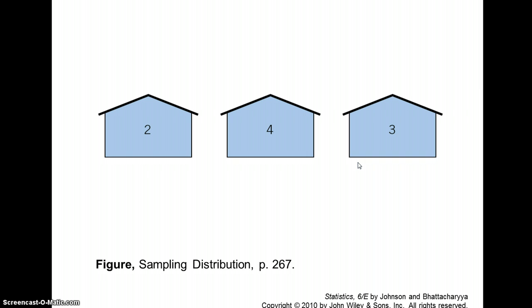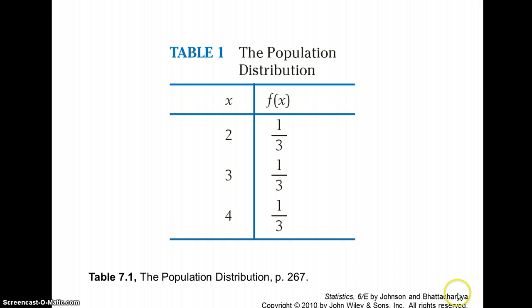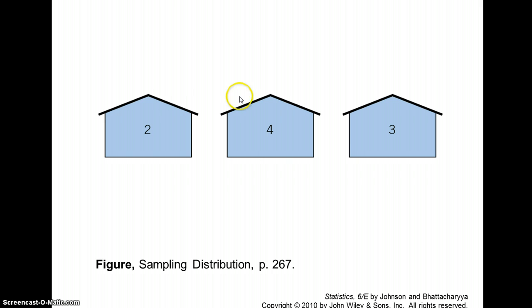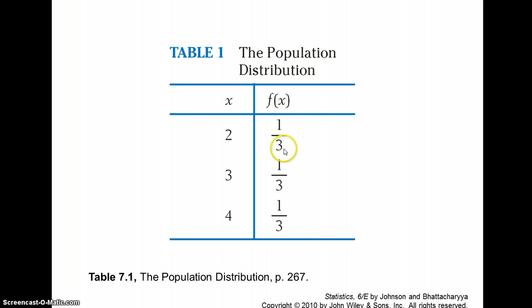What's the chance of getting a number that is 4? That's 1 out of 3, because there are only 3 numbers and only one of them is 4, only one is 2, and only one is 3. So the chance of getting each number is exactly 1/3. That's the population distribution.